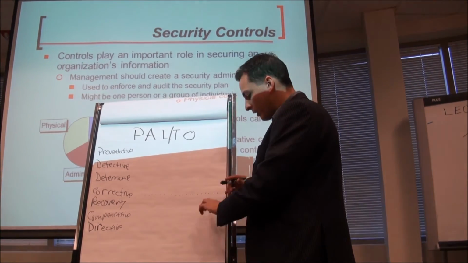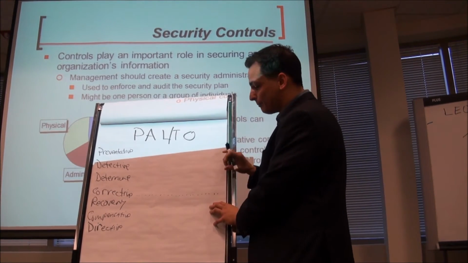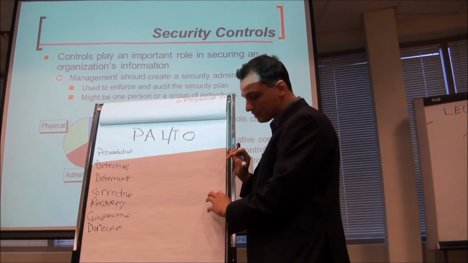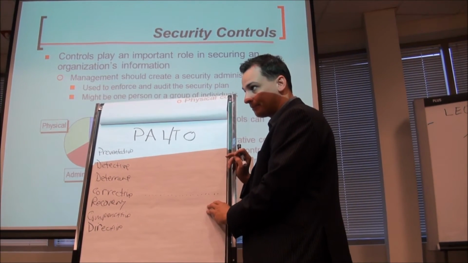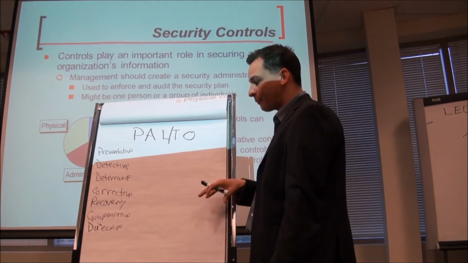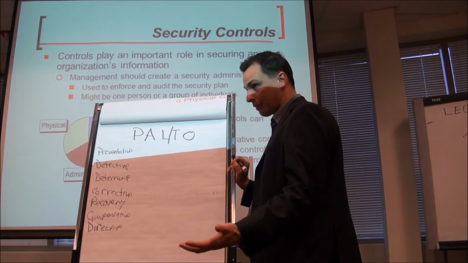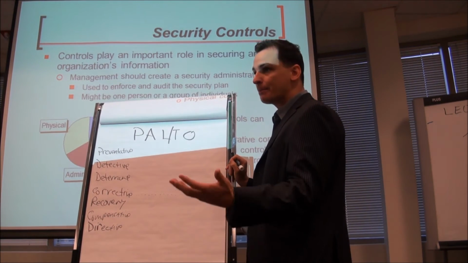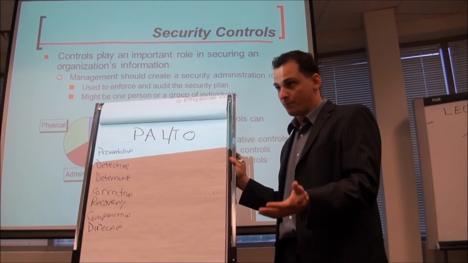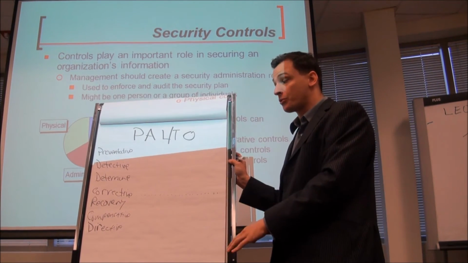If I have a regular door with a handle on it and I add a deadbolt, I'm compensating by adding a deadbolt because the existing lock isn't that great. So it's in addition to. But also if there was no lock and I put a door lock on there, it's their lack of. So compensative controls get hit for everything. It's really easy to say that you're compensating for the lack of something or in addition to something.